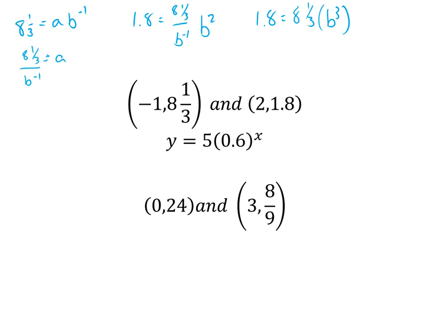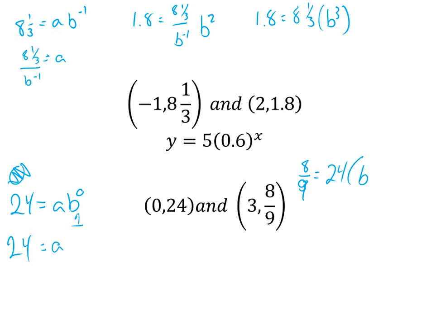Now the next one. Our first setup is 24 is equal to a b to the 0. Since b to the 0 is 1, we can say a is equal to 24. Now all we have to do is set up 8 ninths is equal to 24 times b to the third, and then solve for b.